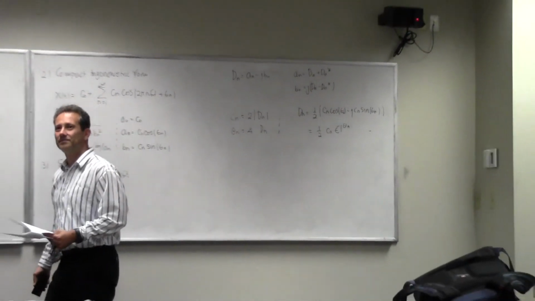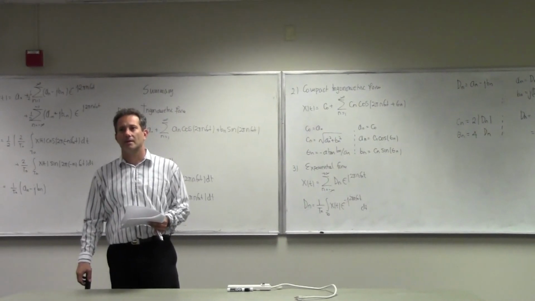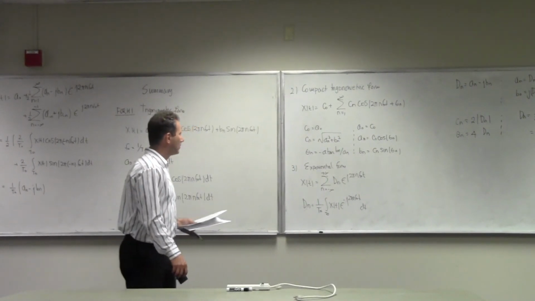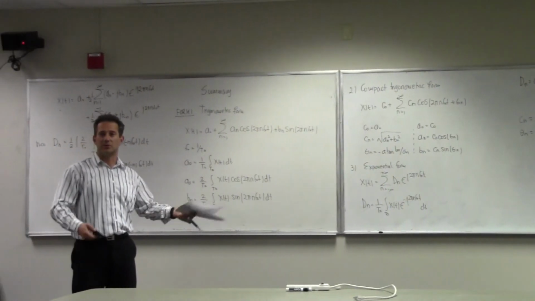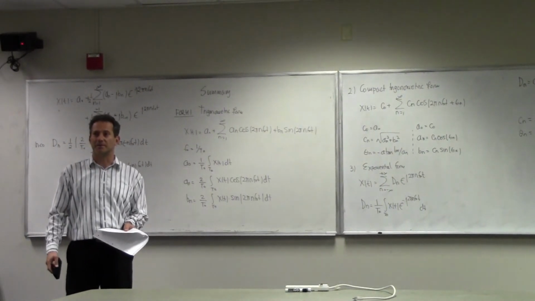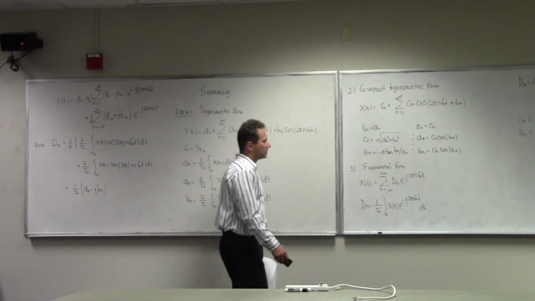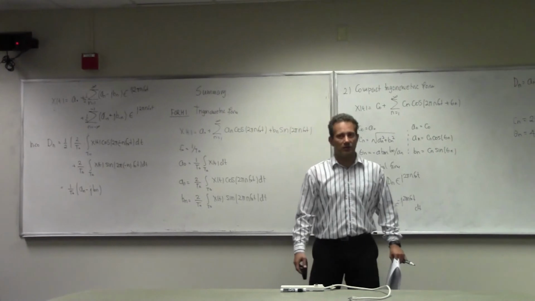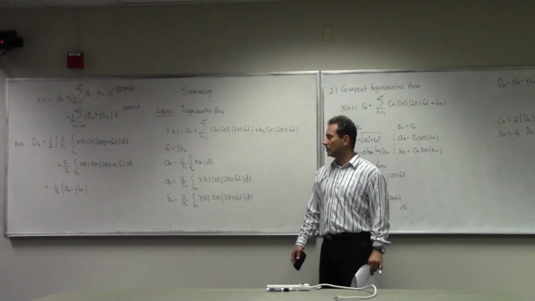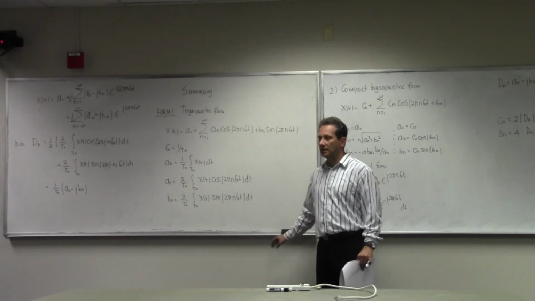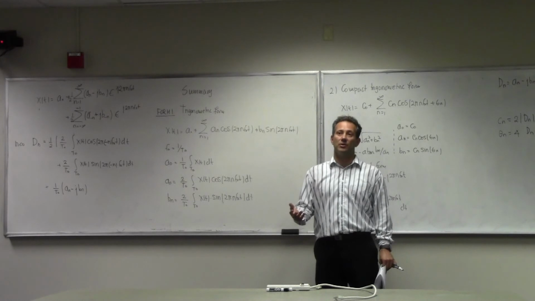Sir, when we have trigonometric, why did we go to compact? Any advantages? At this point, I cannot really justify it. At this point, it just looks like a mathematical exercise. But you will see, when we start talking about signals that are non-periodic, we'll discover that the signal does not have to be periodic to be built out of sinusoids.